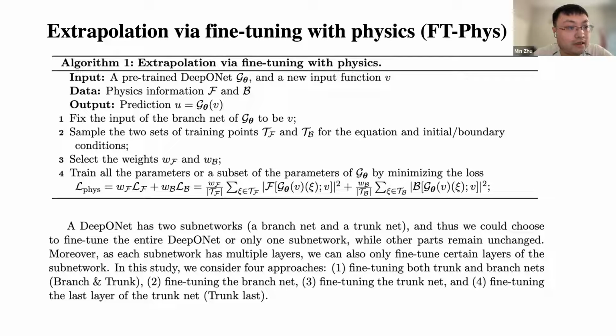Moreover, as each subnetwork has multiple layers, we can also fine-tune only certain layers of the subnet. In these studies, we consider 4 approaches: fine-tuning both trunk and branch nets, fine-tuning the branch net only, fine-tuning the trunk net only, and fine-tuning the last layer of the trunk net only.